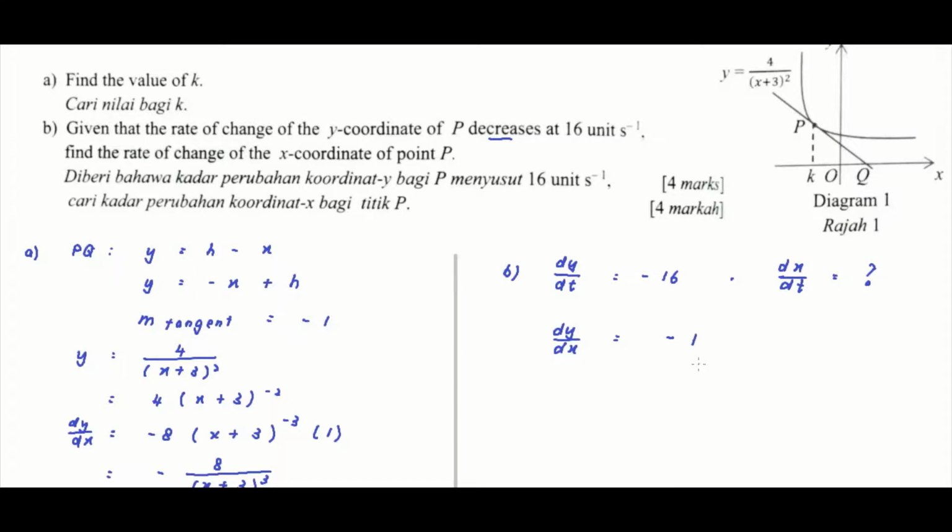So we want to find the rate of change of the x coordinate, dx/dt. One thing that will be helpful for us is to arrange them in an equation first. So we can start with dy/dx. Then an easier way that I normally teach my students is to split it into two fractions.